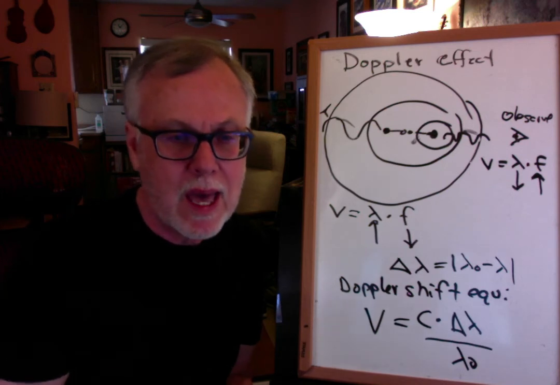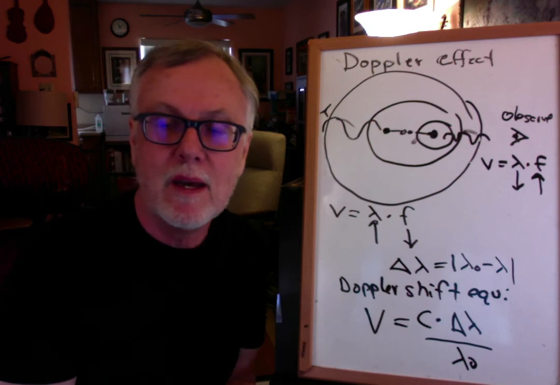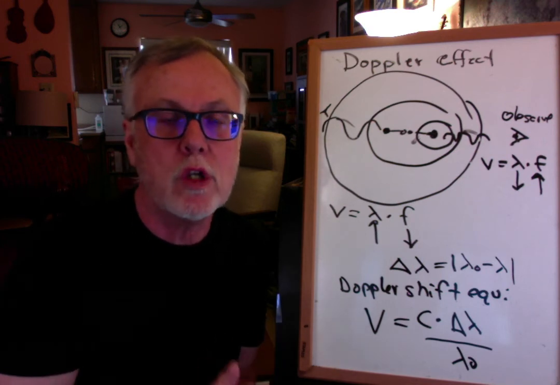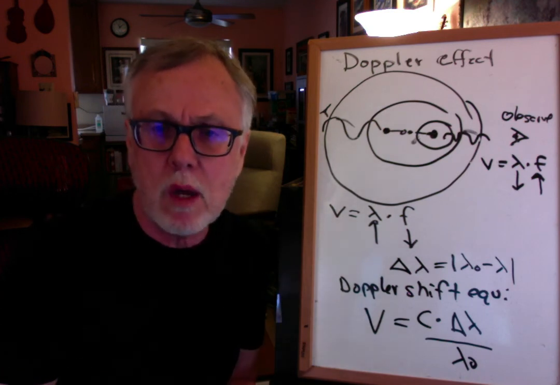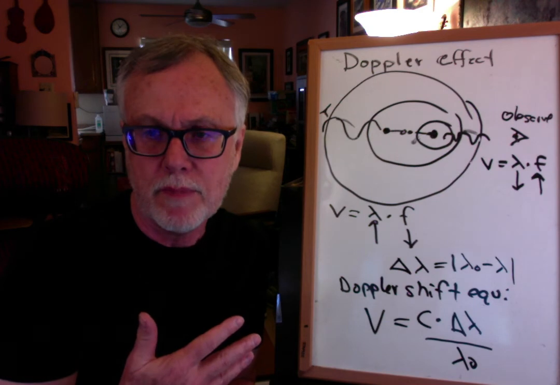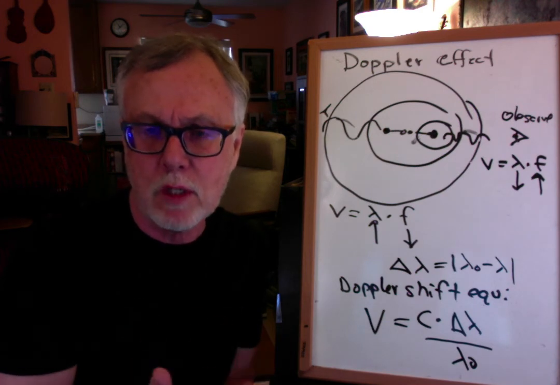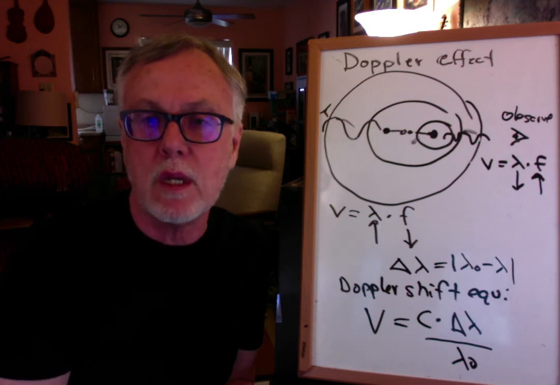So those are the big things you want to remember. If you ask me what I could ask on the exam over this material, I would say, okay, the star's coming towards us. What type of shift is it? Well, it's a blue shift. What does that mean about the frequency?